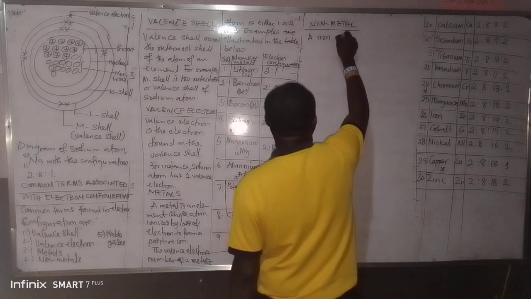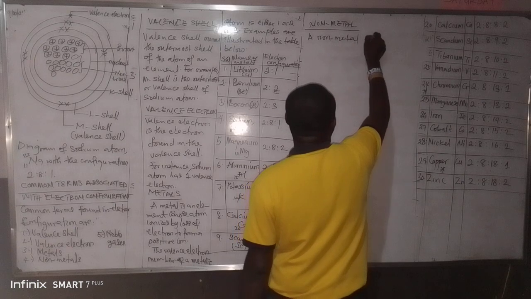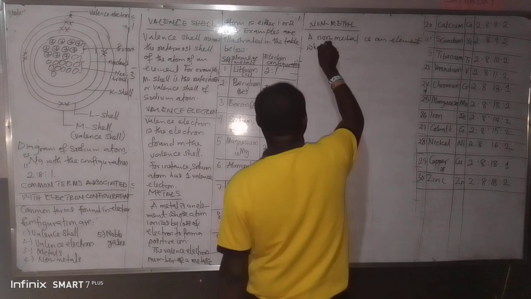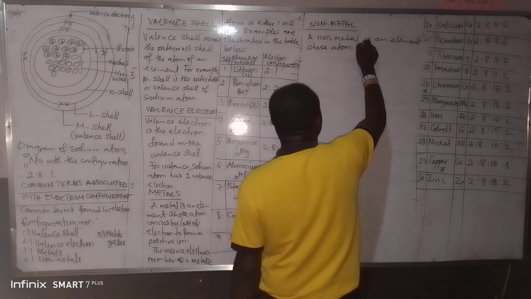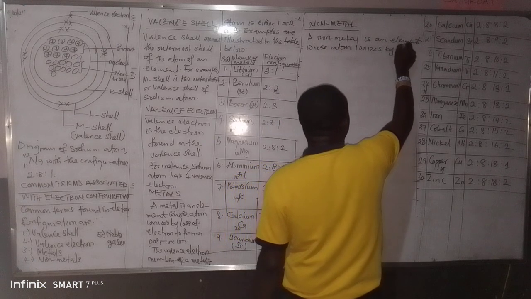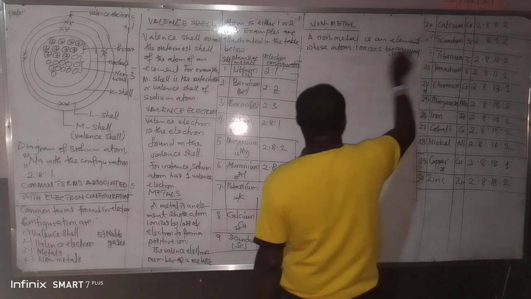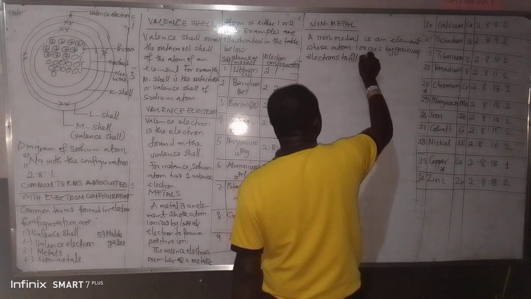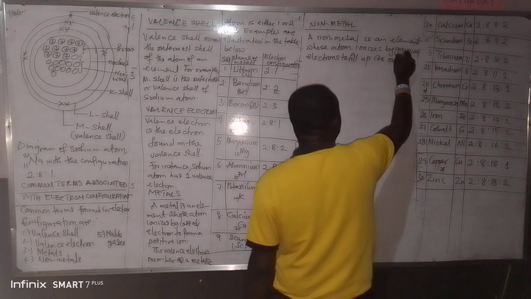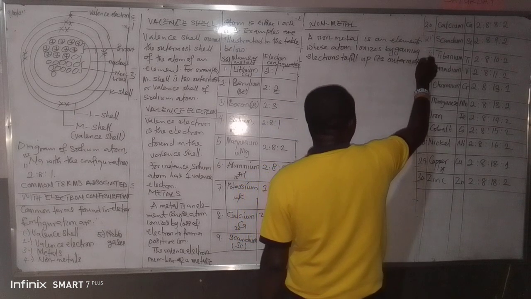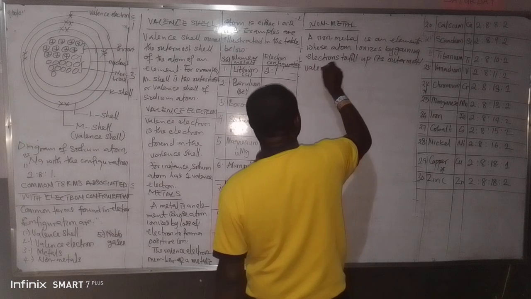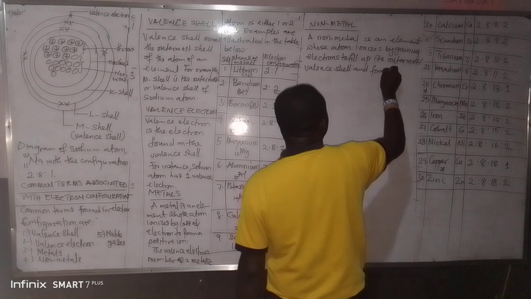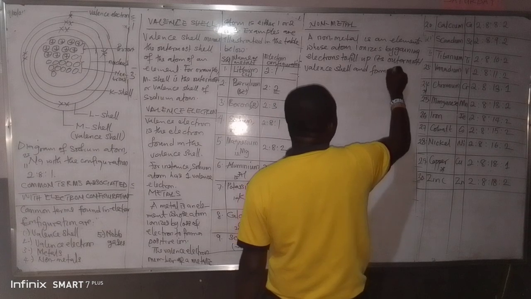A non-metal is an element whose atom ionizes by gaining electrons to fill up its outermost or valence shell and form a negative ion.